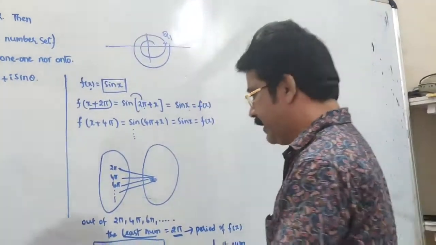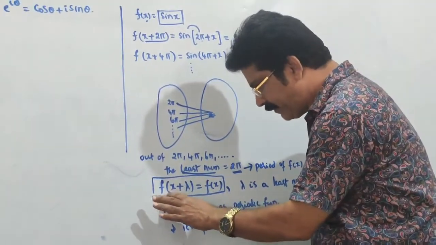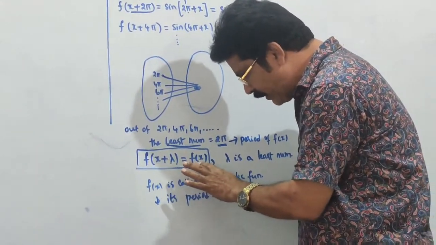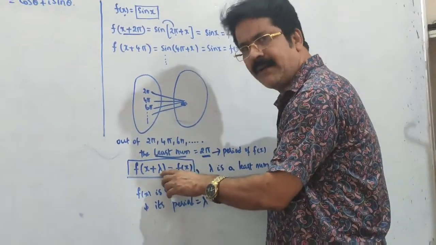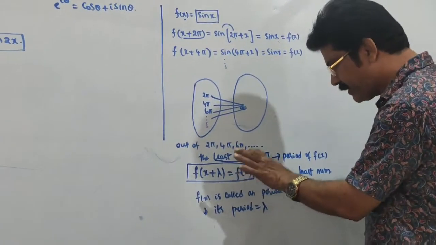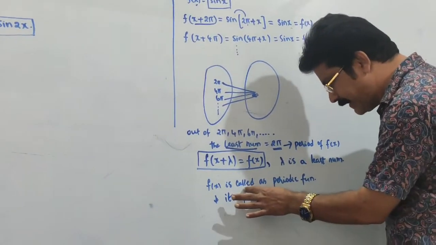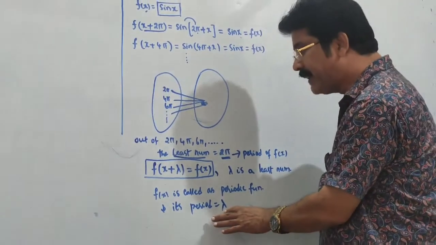So once again, if f of x is any function, and there exists a least number lambda so that f of x plus lambda is equal to f of x, then this f of x is said to be a periodic function and lambda is called its period.